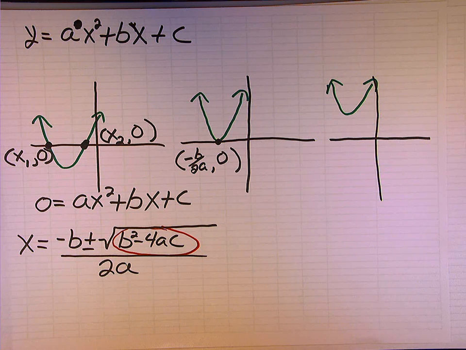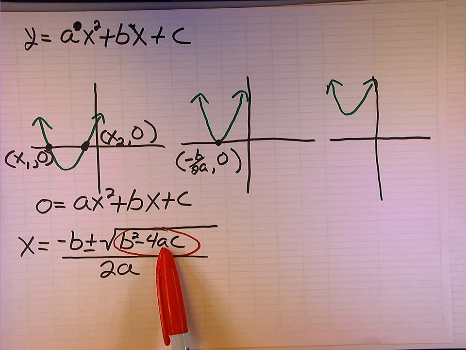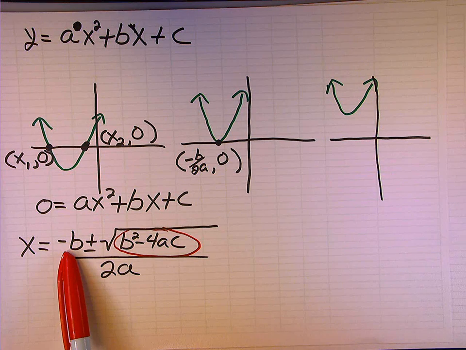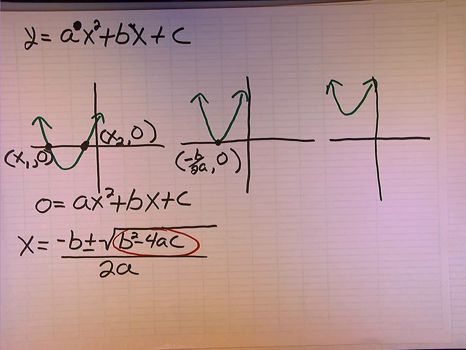And notice what happens if the square root of 0 is used in this formula. What do I end up with for my x value? If this is 0, the square root of 0 is 0, then x equals -b over 2a, which is the x value of the vertex, only if the discriminant is 0.